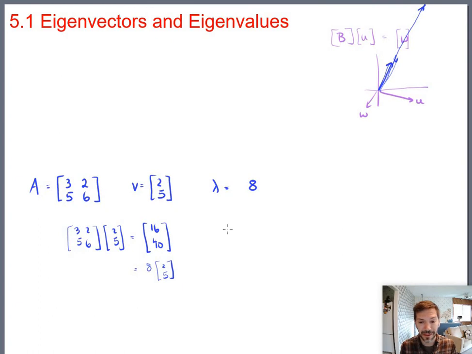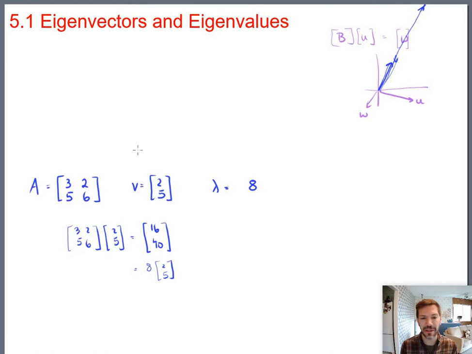That's the same thing. So the point here is that multiplying A times V does transform V, but it just makes it longer. It's in the same direction. So multiplying A times V has exactly the same effect as multiplying 8 times V. And instead of multiplying V by this matrix, we could have just multiplied V by this constant and saved ourselves some work.